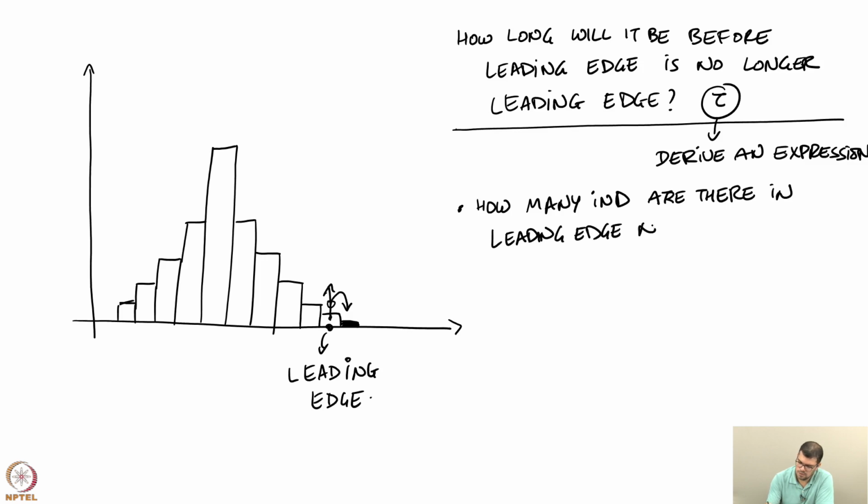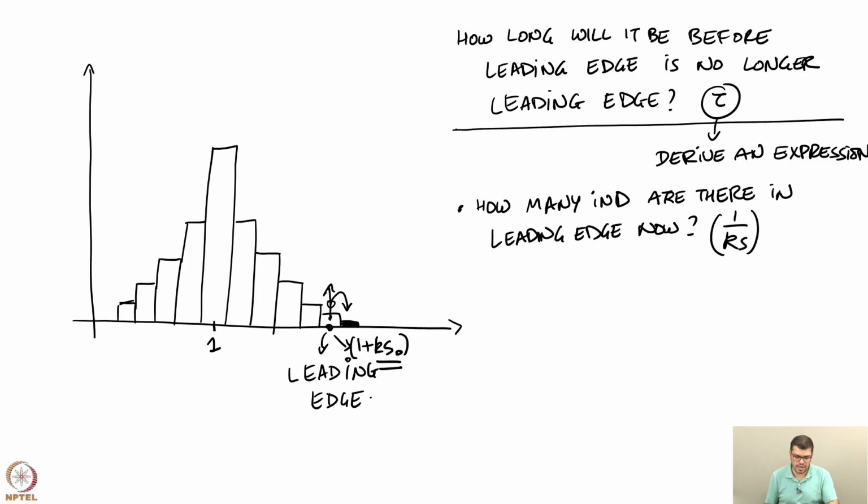And the answer is 1 upon K s naught, because remember the advantage that leading edge enjoys over the population mean: this fitness is 1, this fitness is 1 plus K times s naught. So, the advantage that it enjoys over the population mean is K times s naught, and we had discussed that if the advantage that you enjoy over the population mean is s naught, once you have 1 upon s naught individuals, then you have escaped the clutches of drift and you are established, and selection will drive you home to fixation.